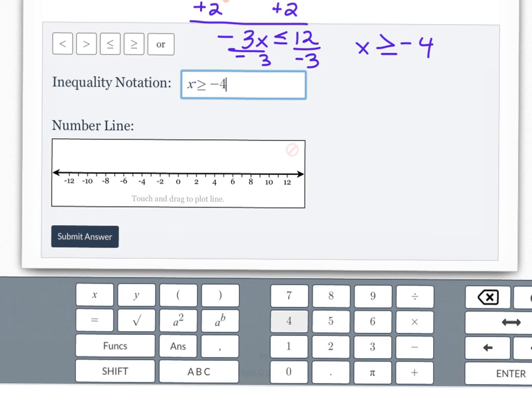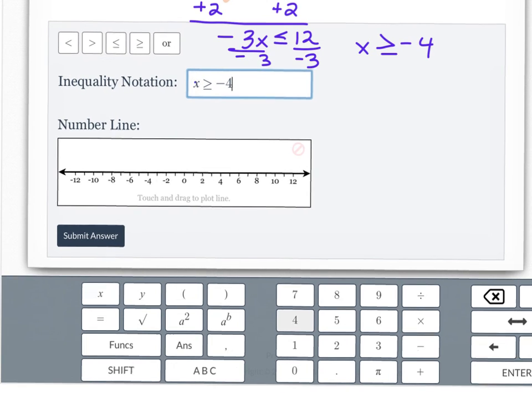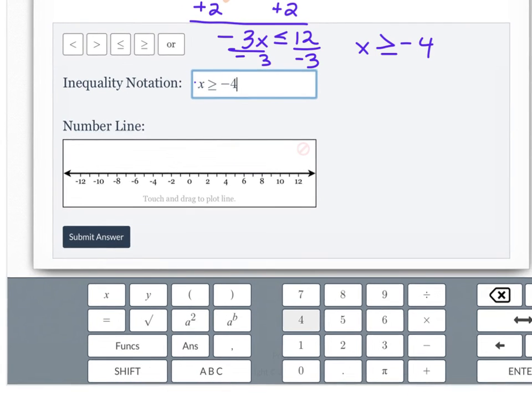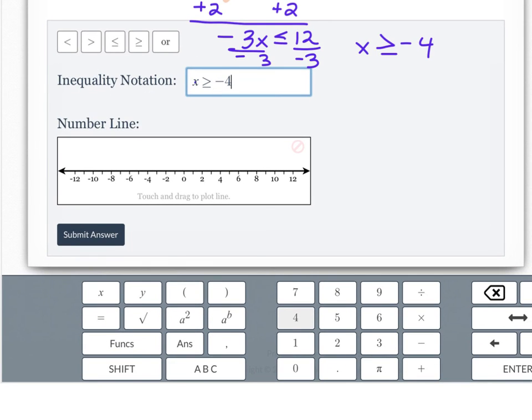So I click on the number line at -4, and I should be going to the right, click and drag, and I can't seem to do this on my iPad right now. Click and drag to the right and go all the way to the end of the number line. And if you need to change from an open circle to a closed circle, just touch on that dot. Okay, so that's the second type of question.